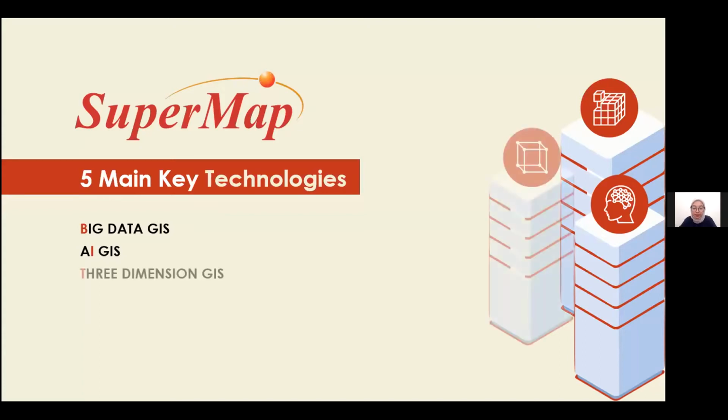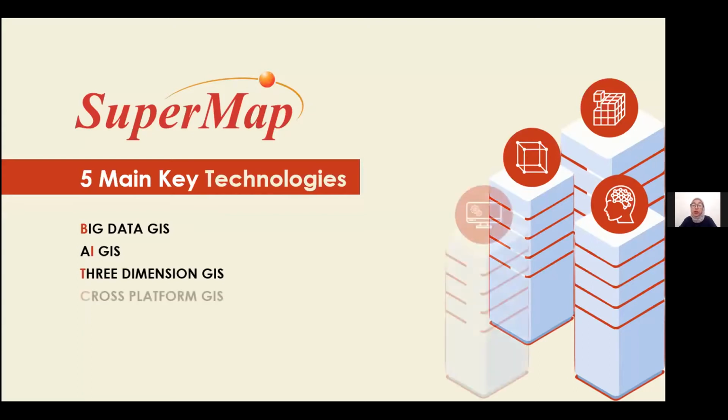The third one is 3D GIS. SuperMap developed its functions for 3D modeling since 2009 by integrating technologies like data model, scene construction, spatial analysis, and also the software form. The fourth one is cross-platform. SuperMap is not only able to be opened in Windows but also in other operating systems such as Linux.